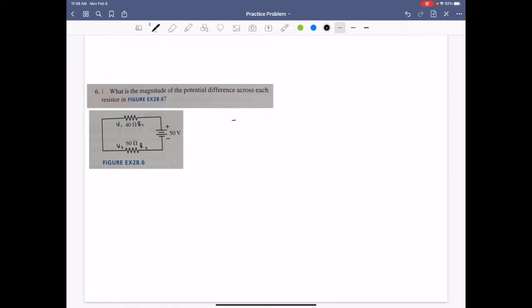According to the loop law, all the potential differences when added up should be 0. So 50 plus V1 plus V2 equals 0.